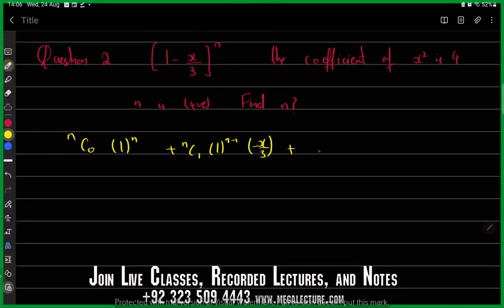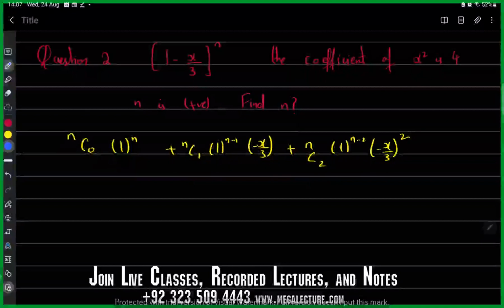Plus, the third term is going to have nC2, 1 to the power n minus 2, times (minus x by 3) to the power 2. So this is the point where you need to stop.